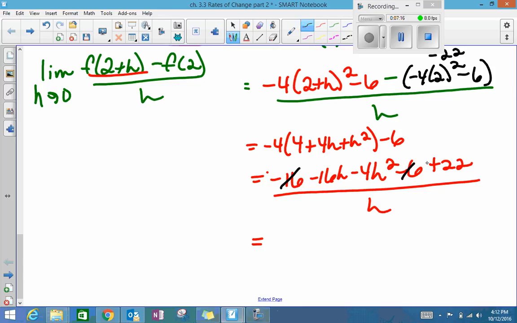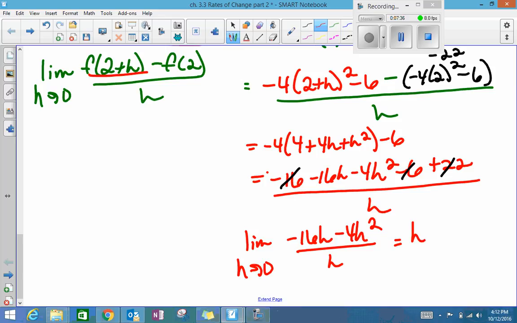So now negative 16h minus 4h squared all over h, and we're taking the limit as h approaches 0. To simplify that, we can take out an h, and we get negative 16 minus 4h all over h.